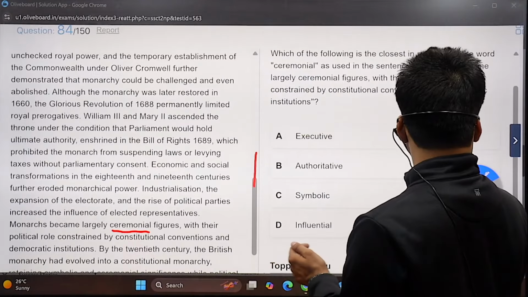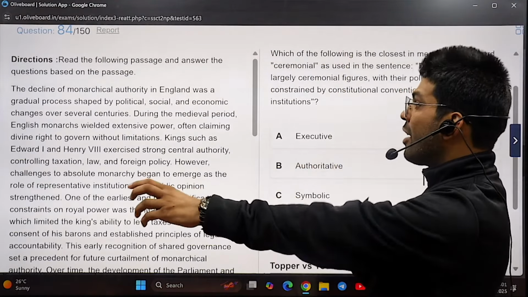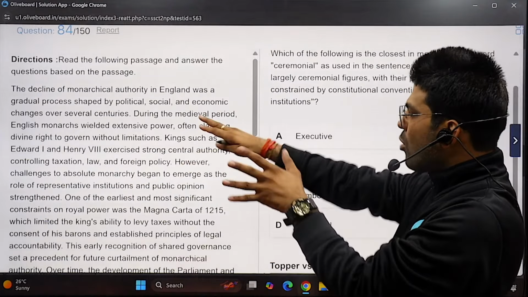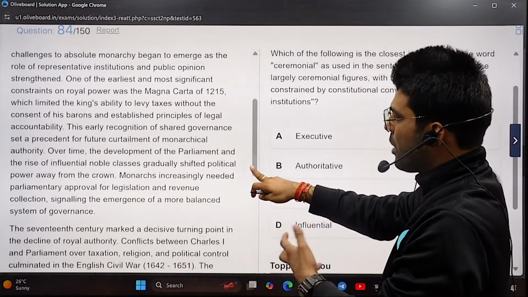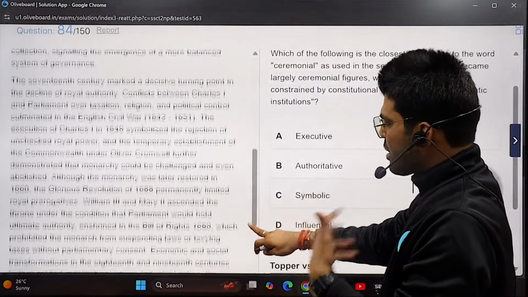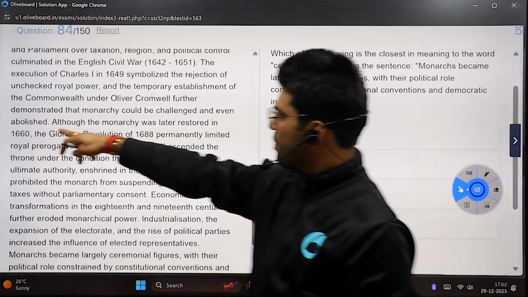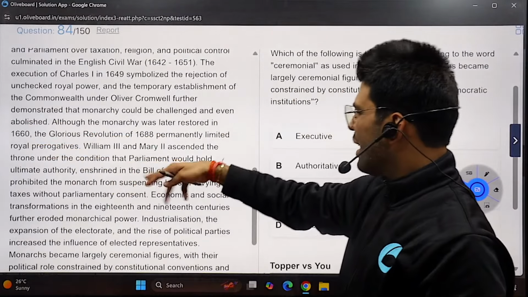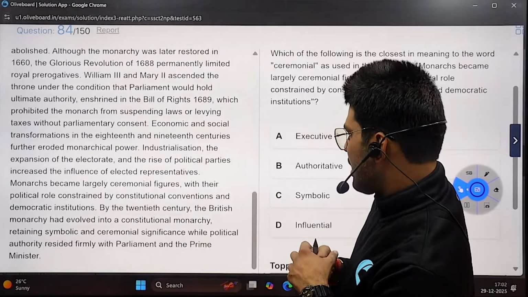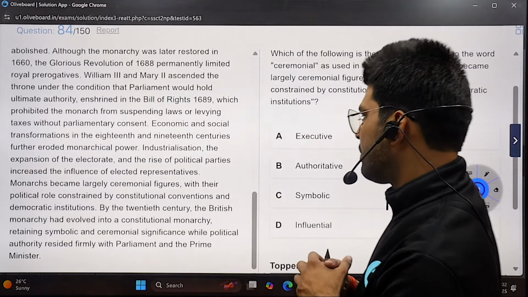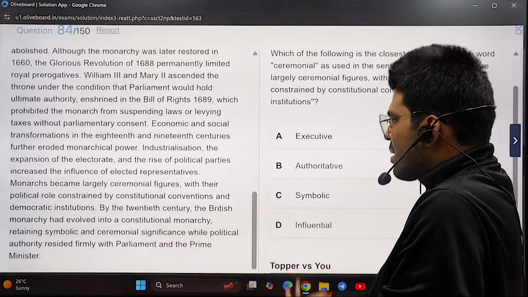Initially, those monarchs had every control, like divine powers, to govern without limitations, and now limitations came into existence. Parliament, other limitations. It somewhat got abolished, restored later, but somehow limitations were applied for sure. Ceremonial: now monarchs have become just ceremonial figures.